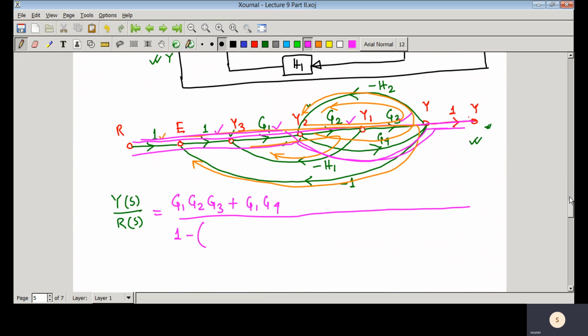There are 4 loops. So that is 1 minus the first loop, G1, G2 and this one, that is G1, G2, H1.